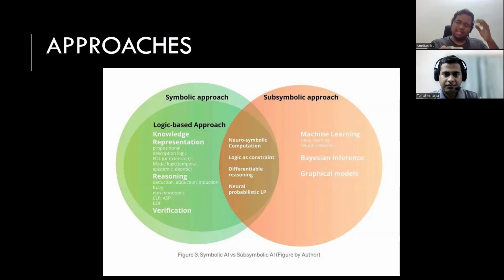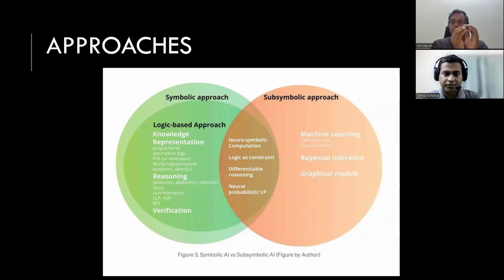Okay. And this is an approach that I would like to talk about. So guys, you have to understand there was always the symbolic approach. Okay. So like simple knowledge representation, reasoning, verification. And then we have our statistical systems like machine learning, deep learning, neural networks, Bayesian inference, and graphical models.